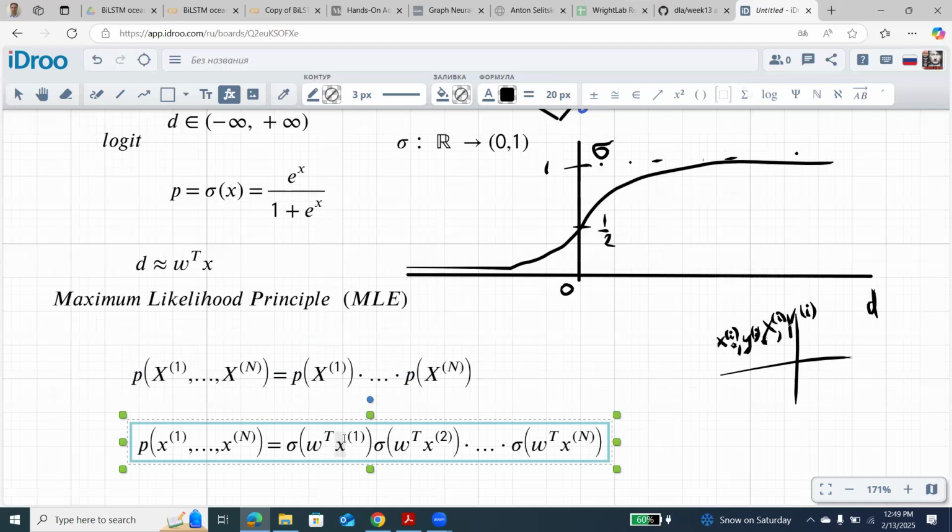And here the maximum likelihood principle helps us to find this parameter. So what do you think? We want to maximize or minimize the joint probability?